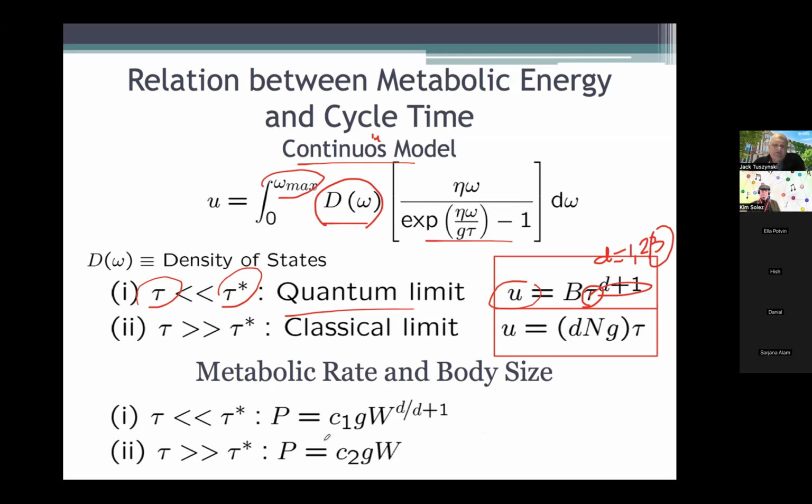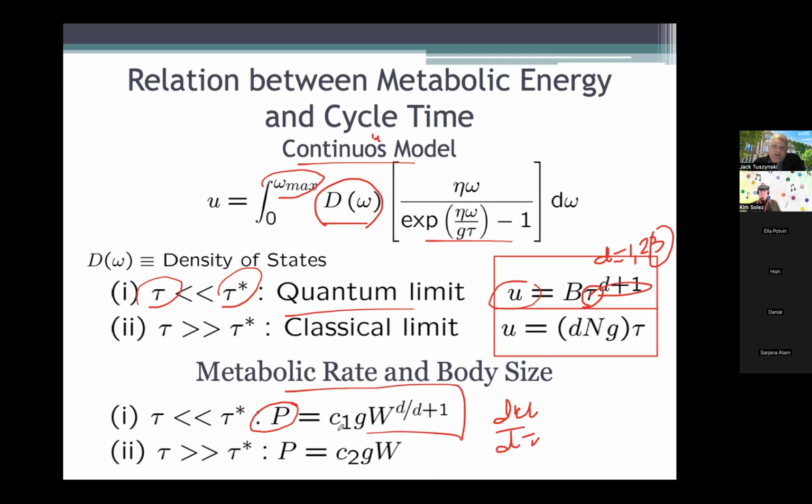Now, the metabolic rate is basically energy proportional to dU/dτ. So you have to calculate the derivative, and you obtain these corresponding scaling laws.